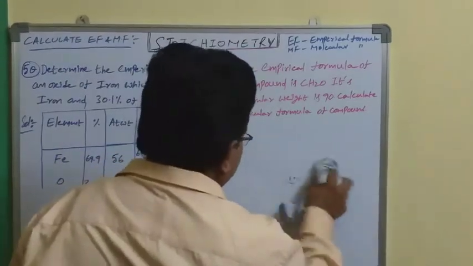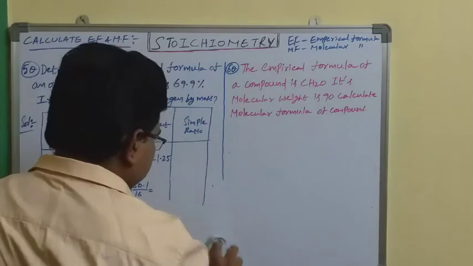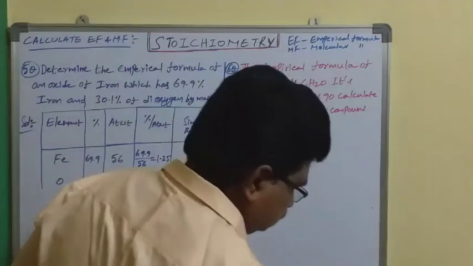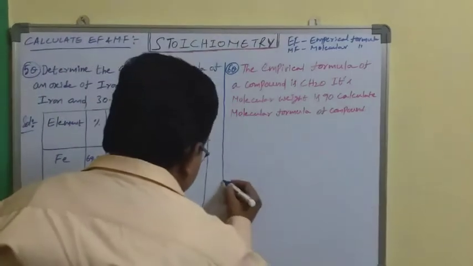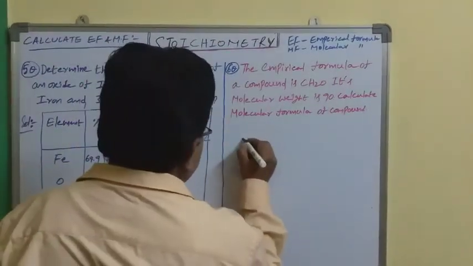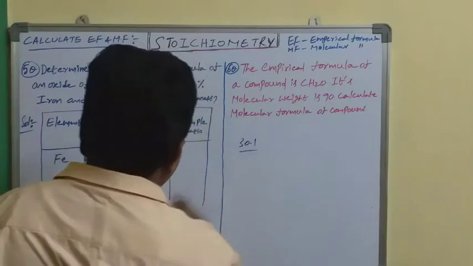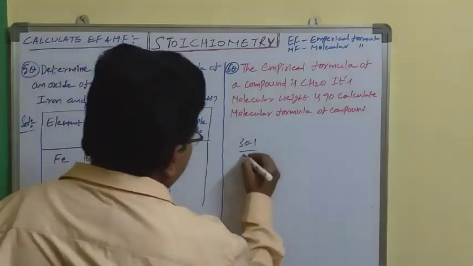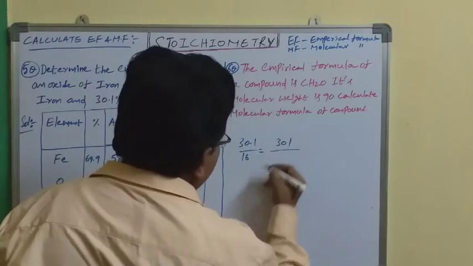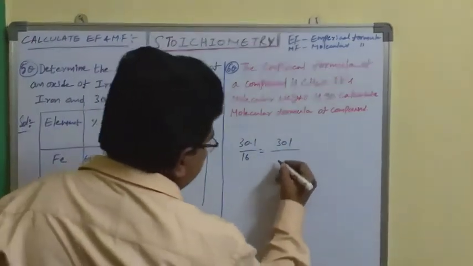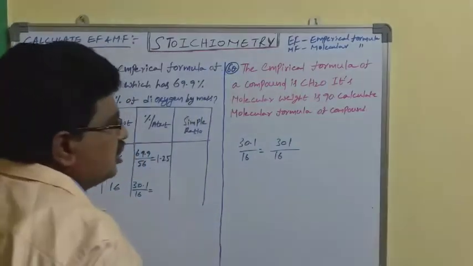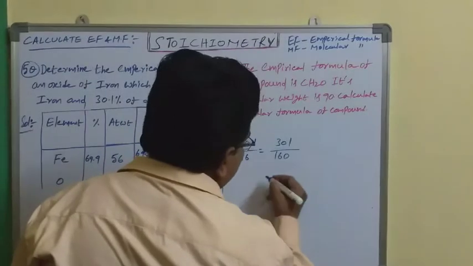Second one I am doing. 30.1 divided by 16, simplifying this: 301 divided by 160, removing the point and multiplying the denominator by 10, divisor 160.